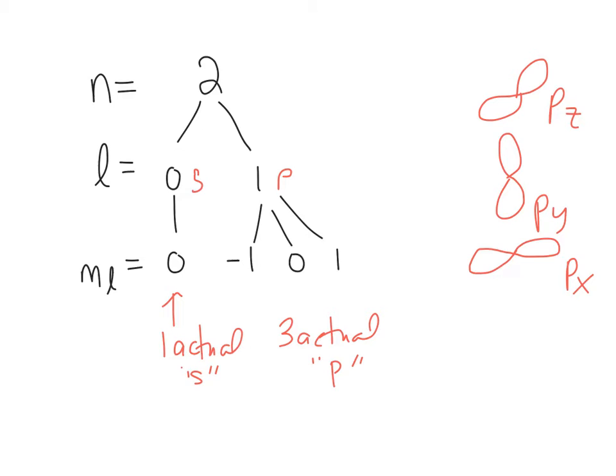S was lower than the P. They are not degenerate. That's why we're talking about subshells. There's 2 different energy levels. Orbitals that have the same energy are called degenerate. So all the p's on the 2p level are degenerate.